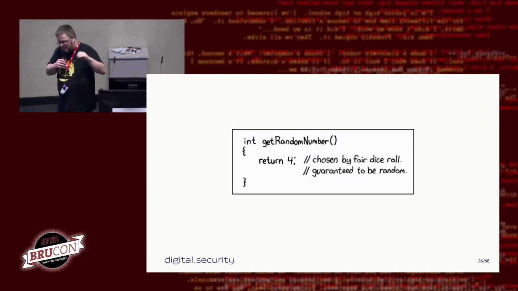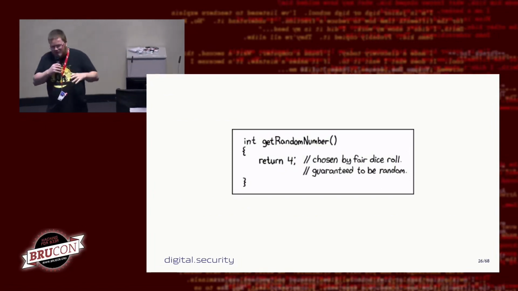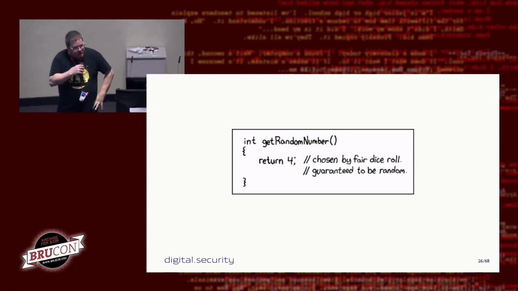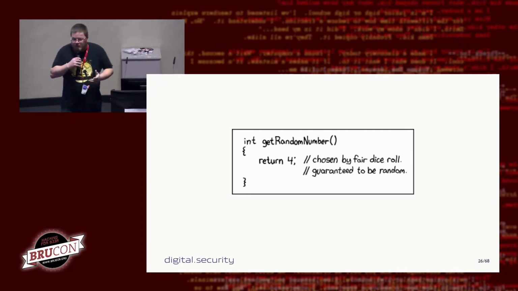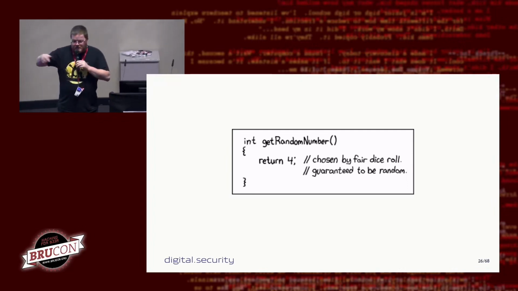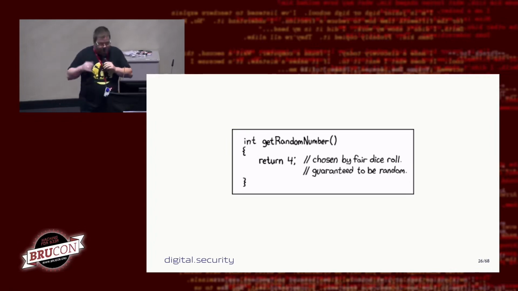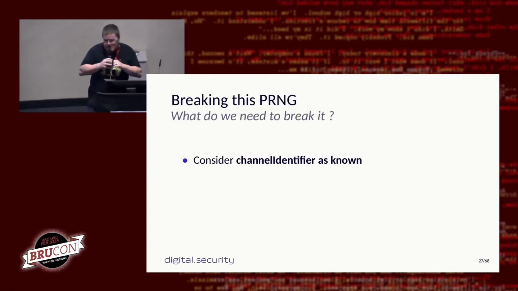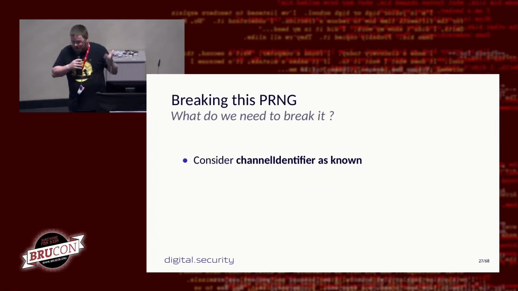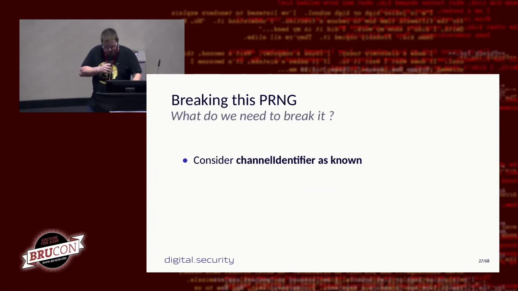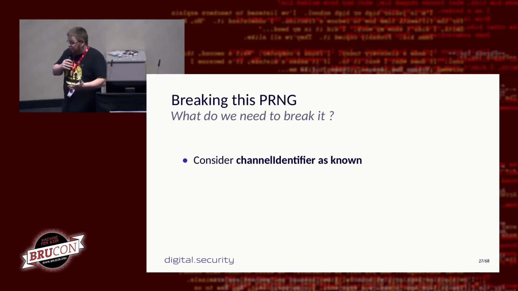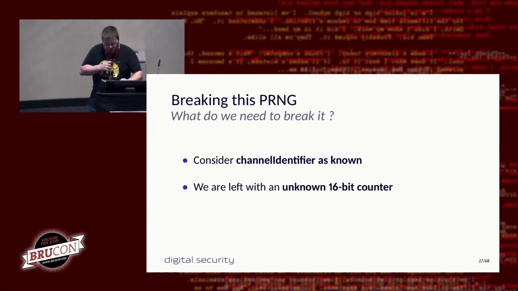So if you look at this from an attacker's perspective, this can be broken because you are going to loop on all of these 65,000 values. If you manage to know where you are in the sequence, then it's done. As an attacker, I consider that the channel identifier is known, since it's based on the access address.